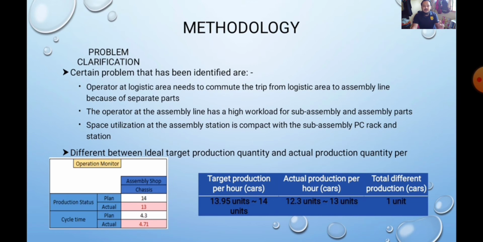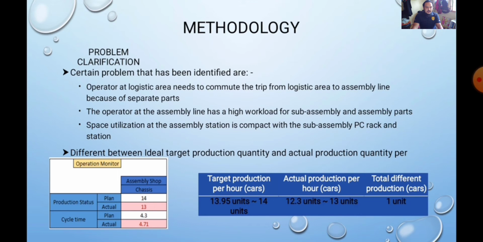The first one is that the operator at the logistic area needs to commute the trip from the logistic area to the assembly line because of the separate parts. Next, the operator at the assembly line is having a high workload for sub-assembly and assembly parts. And the last one, space utilization at the assembly station is compact with the sub-assembly PC rack and the sub-assembly station.